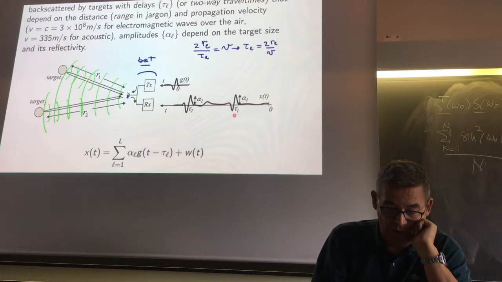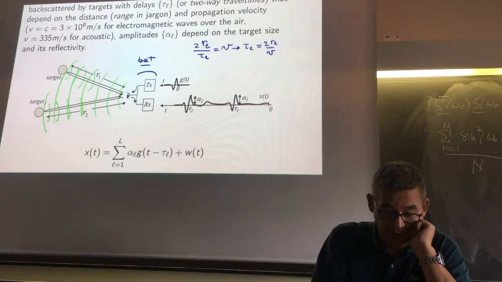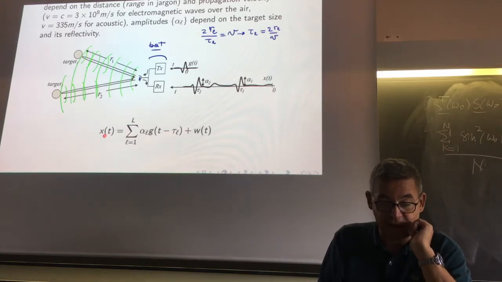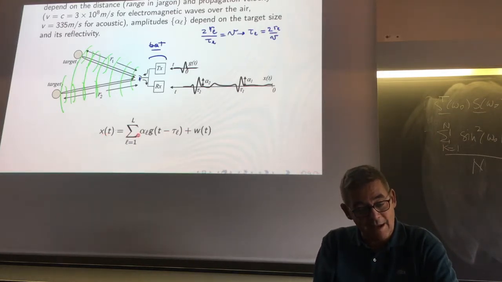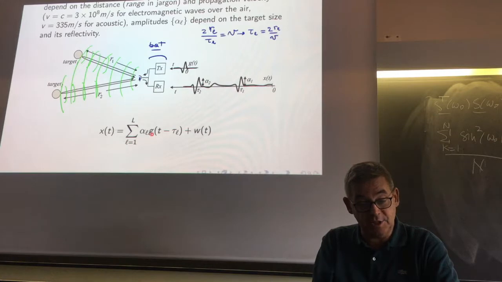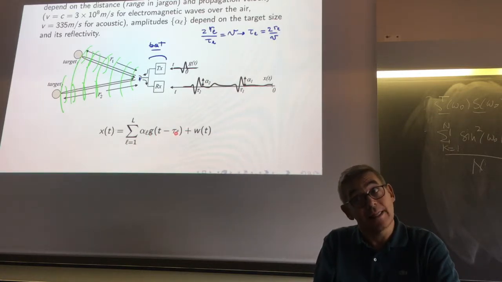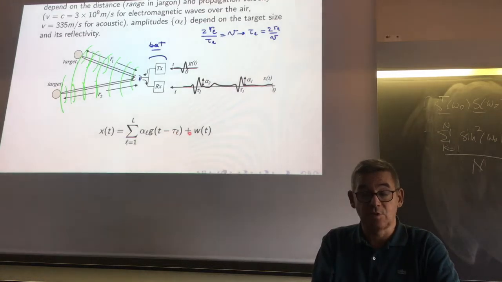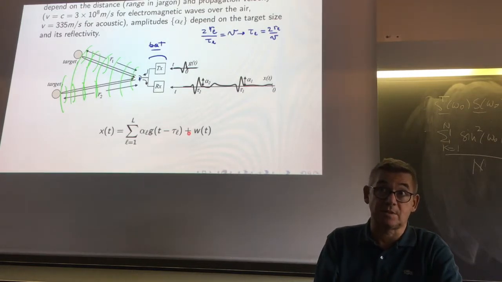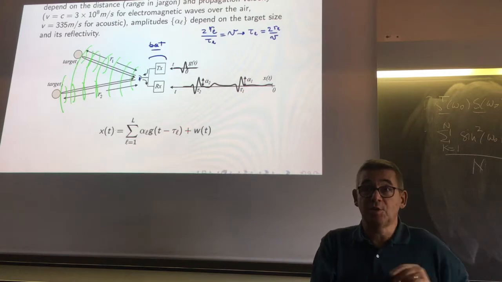So, my model is the following: x of t, the signal I measure in time, is the sum of L echoes with amplitude alpha L and g of t minus tau L, where tau L is the L-th delay, plus noise. Now this is a continuous time problem, different from the others where we built a discrete time model.